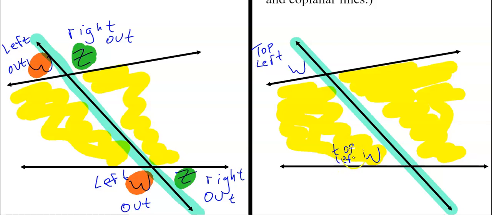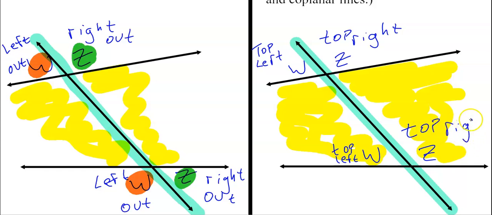Notice one of the W's is inside. This W is inside. This W is outside. They're both on the left. I could do Z. Z is on the top right. So the other Z in this group of 4, Z needs to be on the top right.